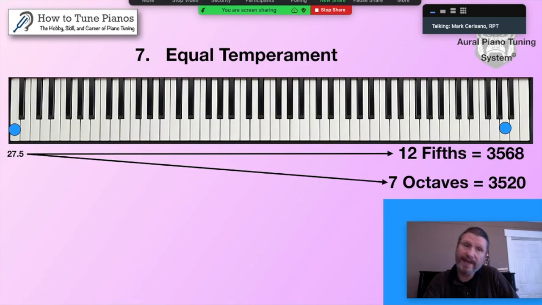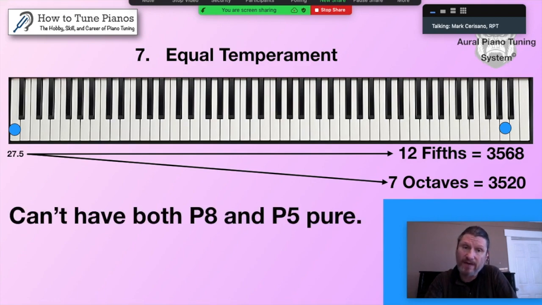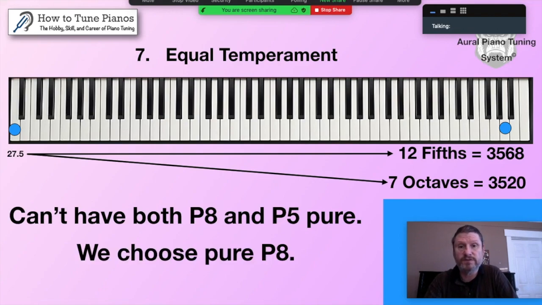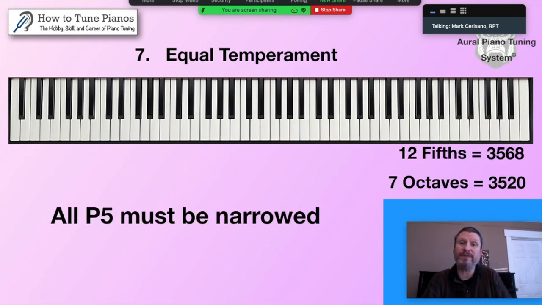So if we go from A0 to A7, with 12 pure fifths, we get 3,568. If we go from A0 to A7 by producing 7 pure octaves, we get 3,520. These are not the same number. You can't have both the octaves and the fifths pure. So what do we do? Well, we're going to choose to have the octaves as being pure. And that means all the fifths have to be narrowed.